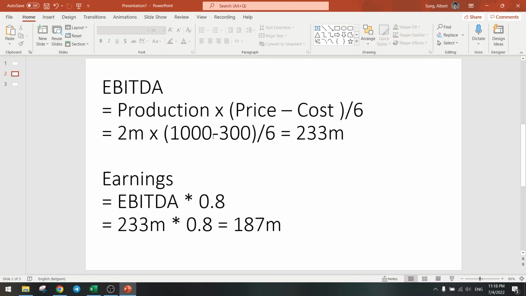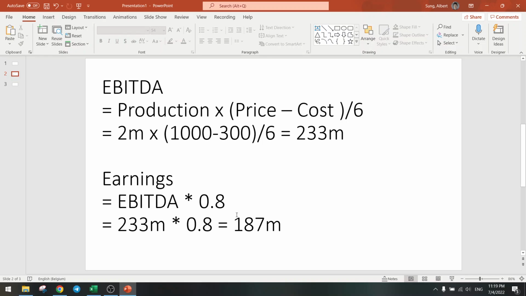I have taken 1,000 because their sales price right now is 1,200, but they typically give discounts. Then we have the 300 costs per ton, divide by 6, and you get 233 million EBITDA for next year. The earnings is EBITDA times 80%, and that gives us 187 million, right?